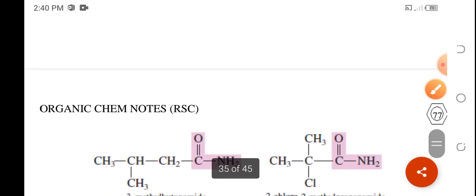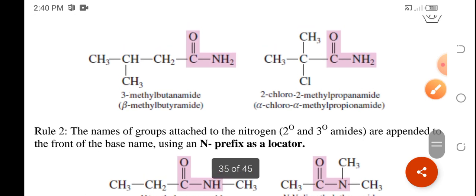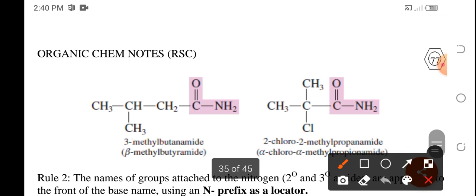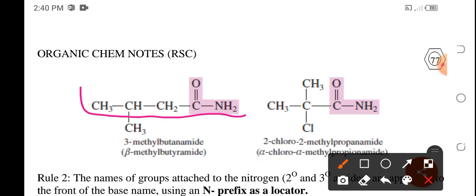Before we proceed to rule number 2, we have an example. Choose the parent chain that contains the carbonyl group as well as the nitrogen. So we look for the carbon atom that bears the double bond O and the amino group.